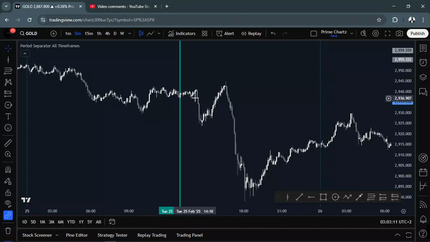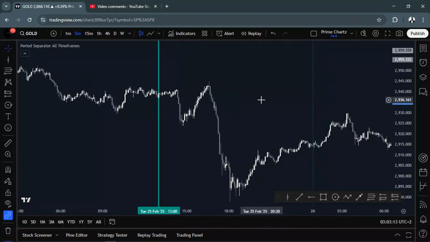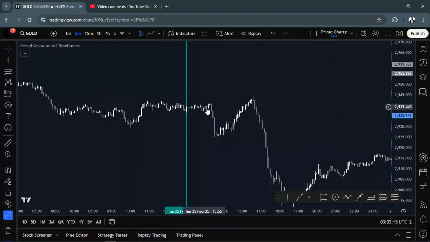And when we observe price from 1 p.m. right here, we see that we had a consolidation from here. So price has been consolidating from 1 p.m. until price broke out of this here, right? And therefore this makes it a bearish trend.